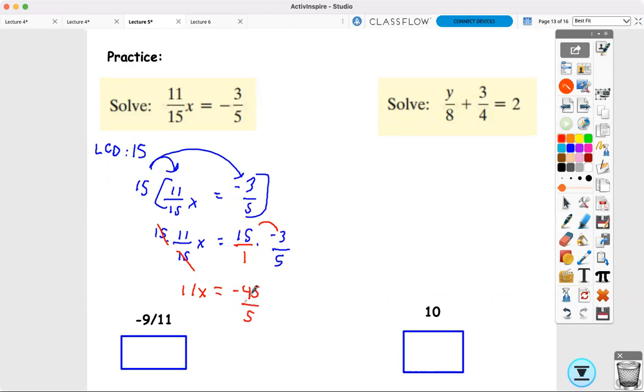Divide that out, and we get -9. 11x is equal to -9. To get x alone, we're multiplying 11 and x, so we divide both sides by 11, and therefore x is equal to -9 over 11. And we're done.